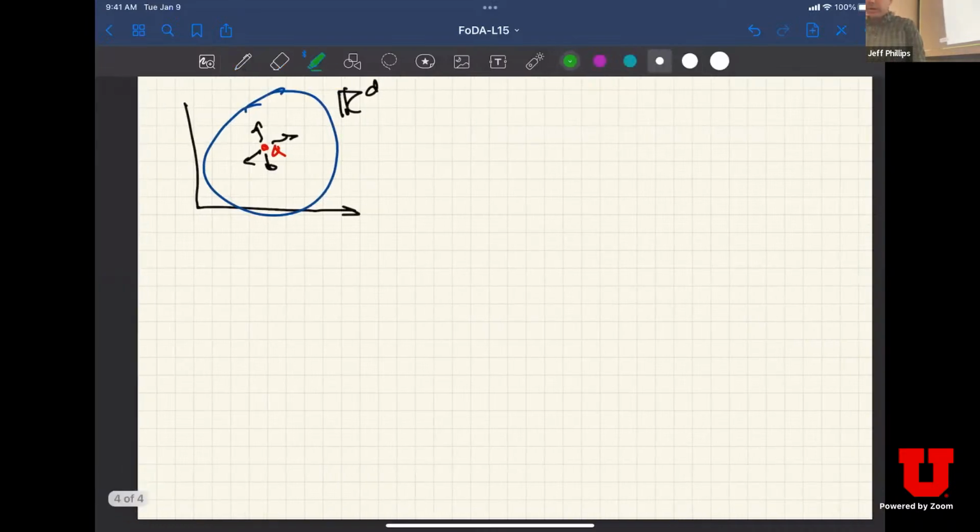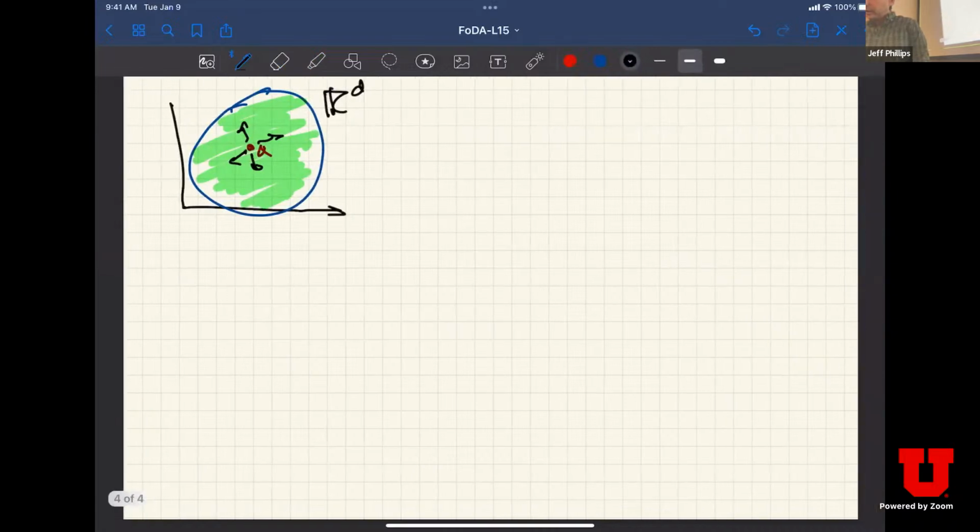And so let me color this. If it's decreasing in all directions, then alpha here is going to be a max.